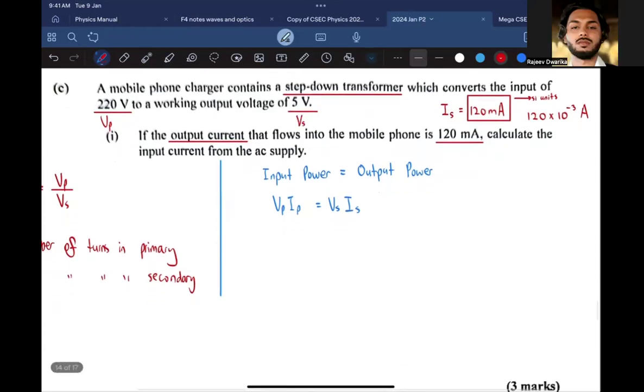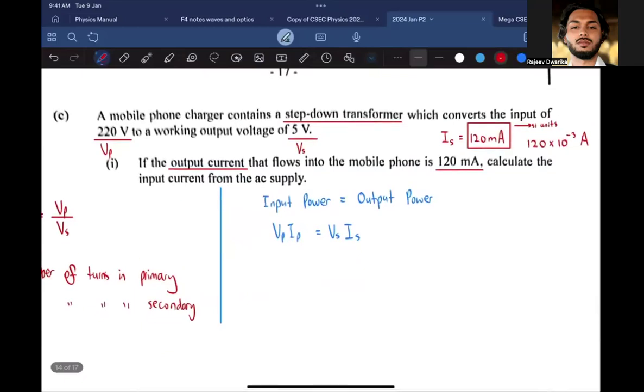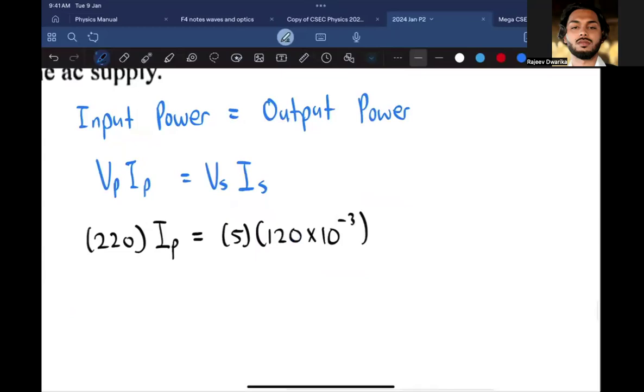So I'm going to plug in all the information I was given. VP is 220. I do not know what IP is. VS, my secondary voltage, is 5. My secondary current is 120 times 10 to the power minus 3. I want to find IP. Right now, IP is being multiplied by 220. What do I have to do on both sides?